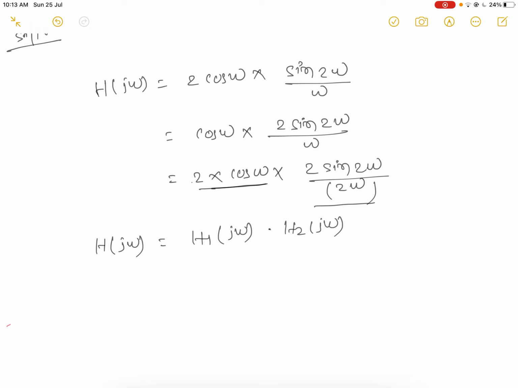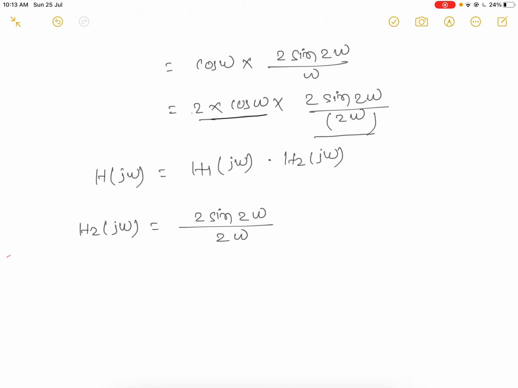Now we know that H2 is 2 sin 2ω / 2ω. It is nothing but a sinc function of 2ω.